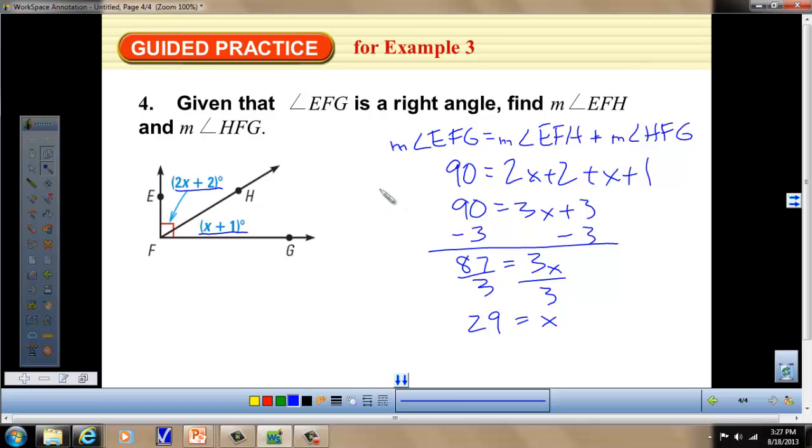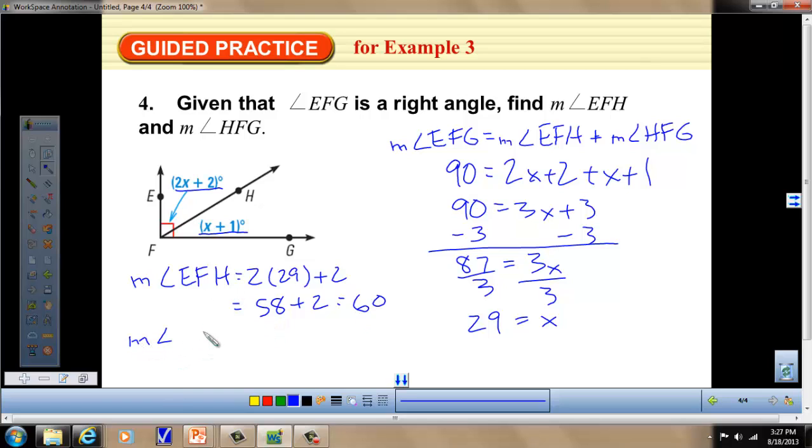Now we're going to plug it in. Remember, our answers should equal 90 when we're done. We're going to say the measure of angle EFH is equal to 2 times 29 plus 2. 2 times 29 is 58 plus 2 is equal to 60. So hopefully the other one is 30.